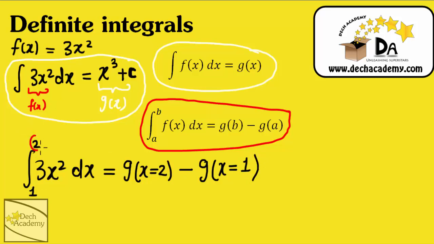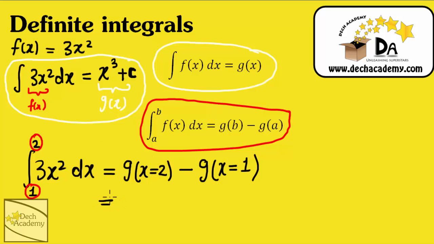So x is replaced with the upper limit first, and then you subtract the indefinite integral in which x has been replaced with the lower limit.